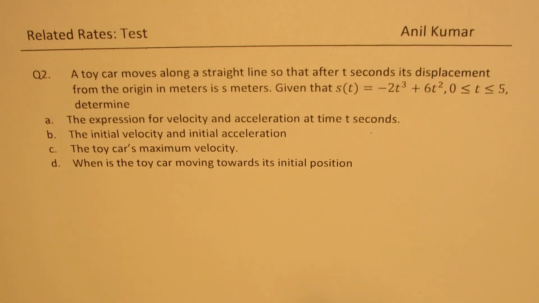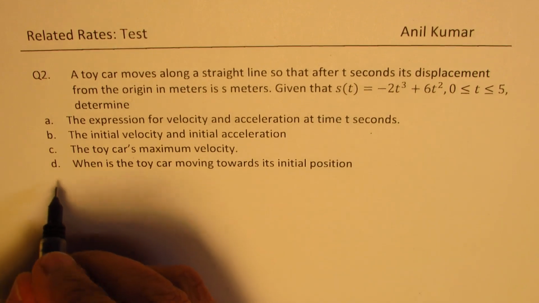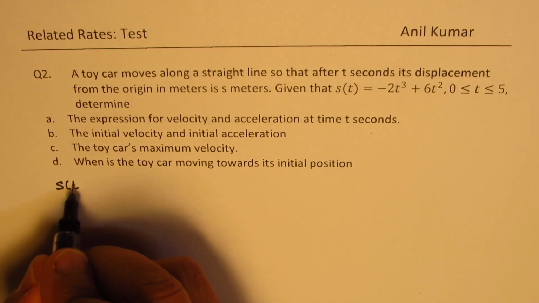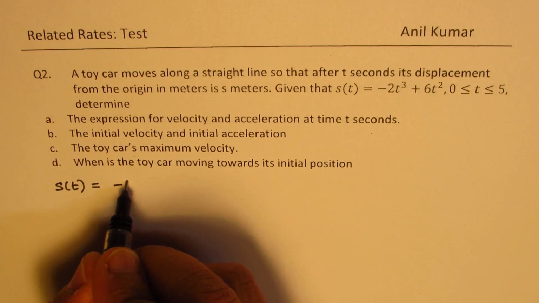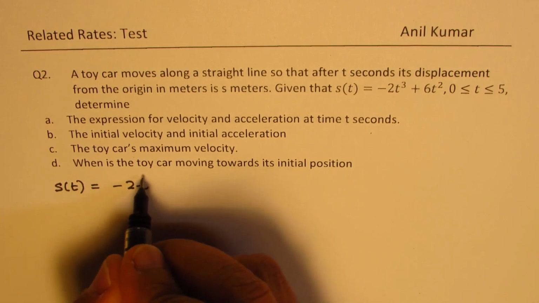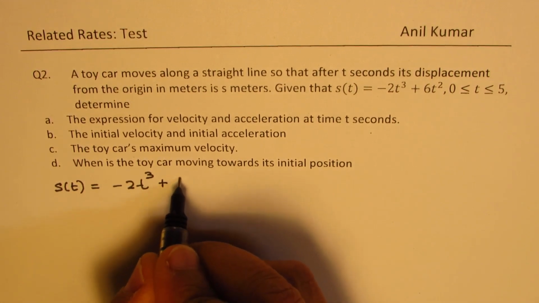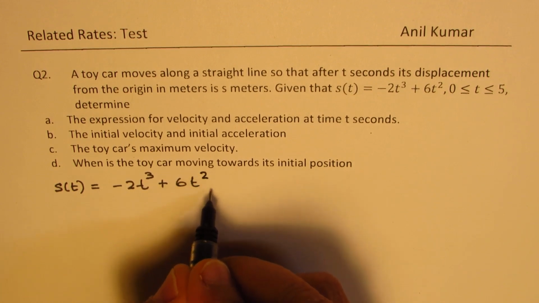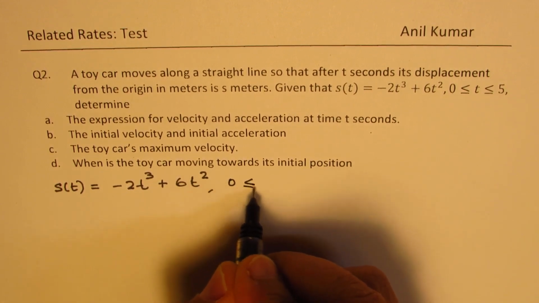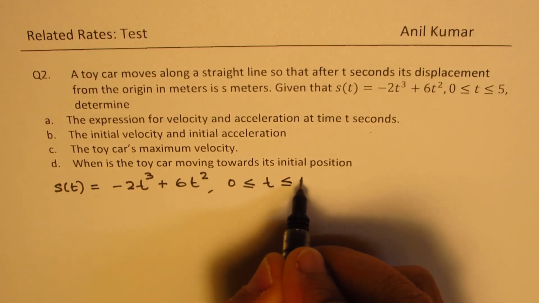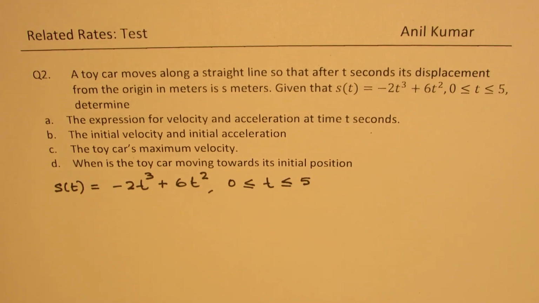Correct? So in this case, what are we given? We are given the displacement, right? s of t equals minus 2t cubed plus 6t squared, and that is under a boundary condition where time is between 0 to 5, both included.